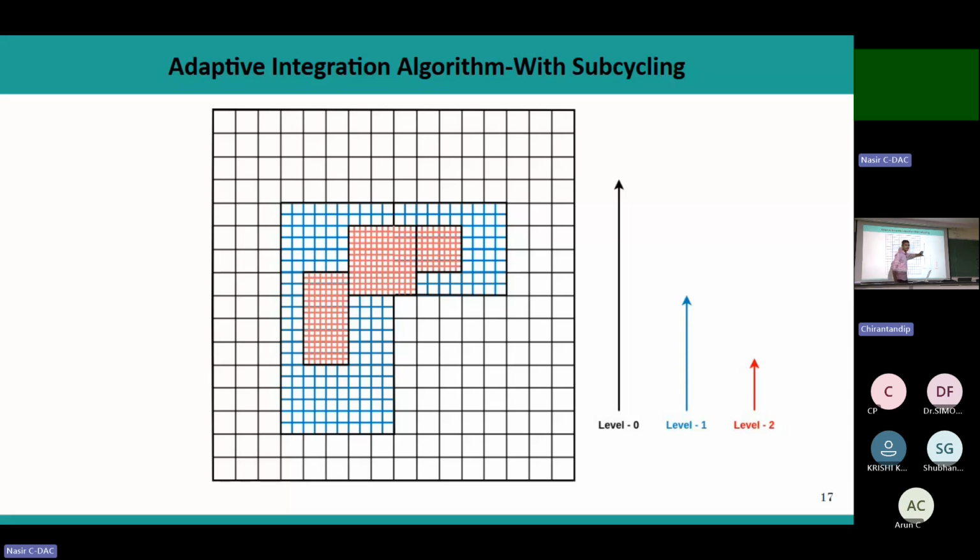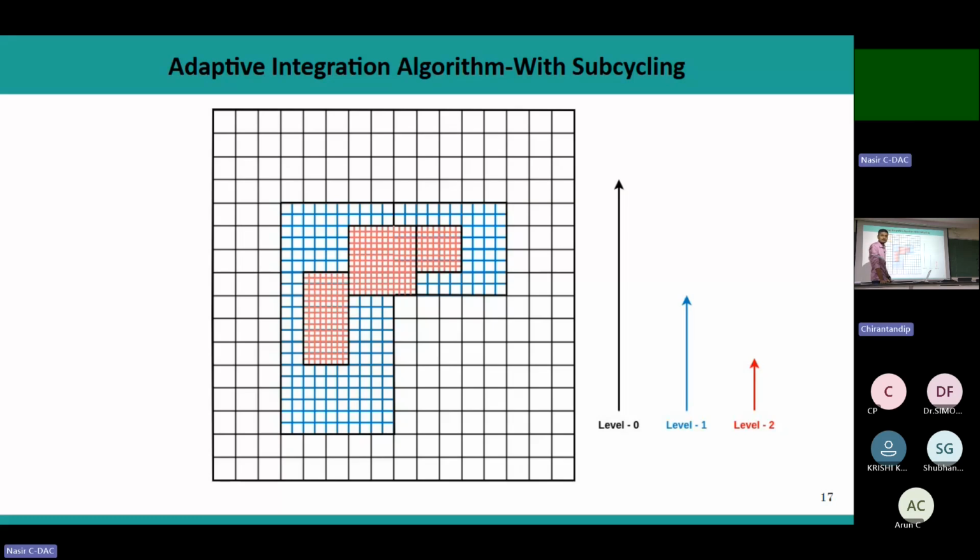Firstly, this is for delta t. This is for delta t by 2. This is for delta t by 4. Do one more level of integration. For reaching this level, I need to go one more time step, then 4 delta t by 4, which is equal to delta t. So my only question is, can you do a level 2 integration independently?